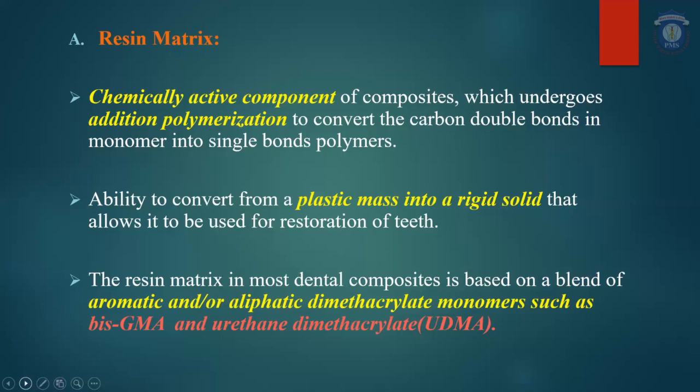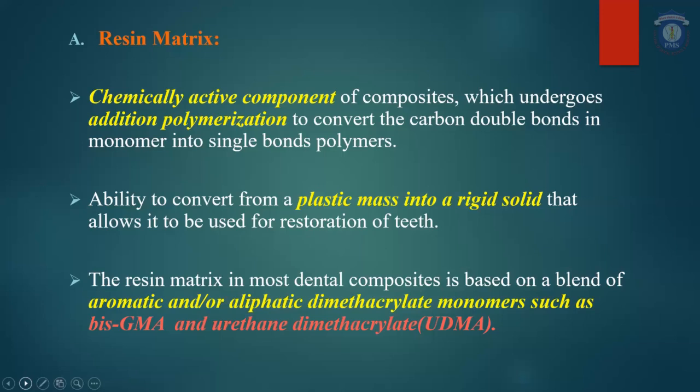Now the resin matrix in most dental composites is based on a blend of aromatic and/or aliphatic dimethacrylate monomers. That means the monomer used contains either straight chain hydrocarbons or cyclic hydrocarbons, or a combination.